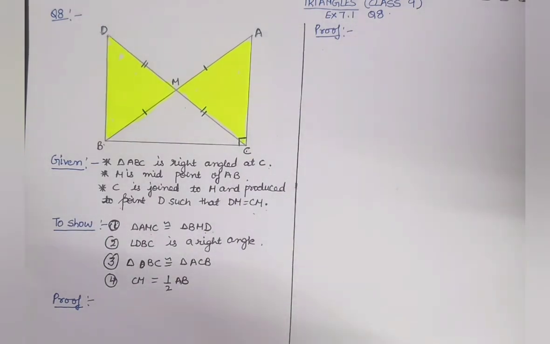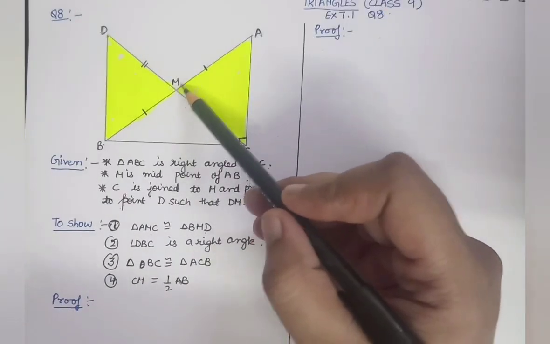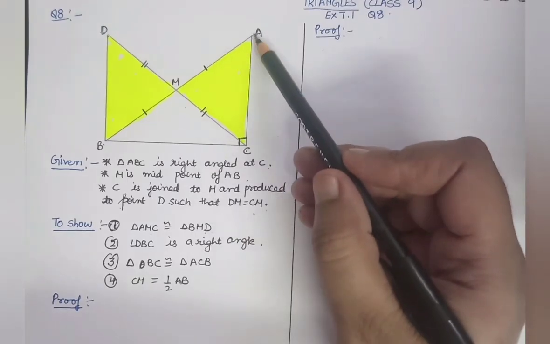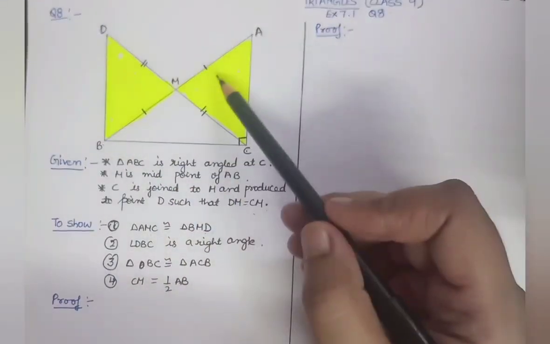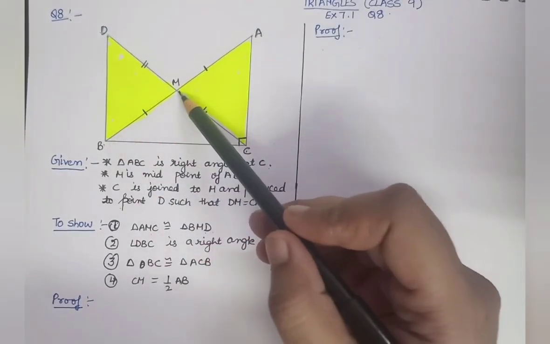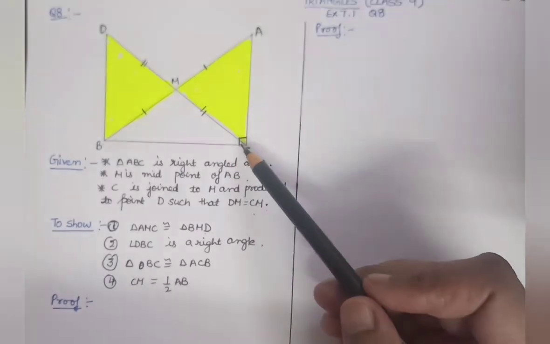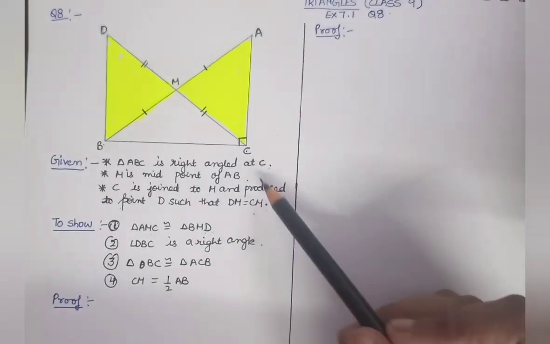When I see these triangles, I can see I have already marked in the figure that these two sides are equal in these two triangles respectively, that is in AMC and in triangle BMD. I can see AM is equal to BM because M is the midpoint. Then I can see that CM is equal to DM as it is given.